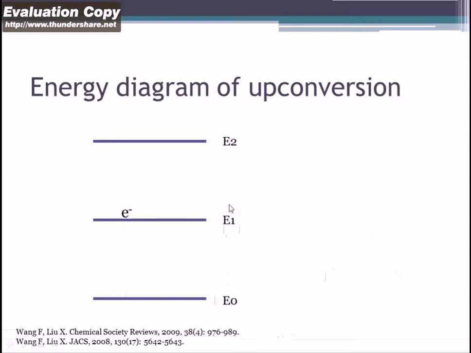Since electrons can stay at E1 for a relatively long time, there are chances that a second photon can strike on this element, so that electrons are now being promoted to the energy level E2. So what happens next is that one photon with the higher energy is emitted, so that the energy accumulated by the previous two photons is released in the form of light.